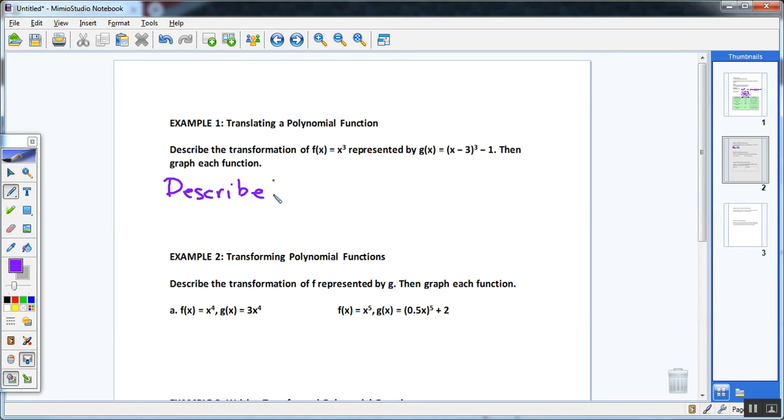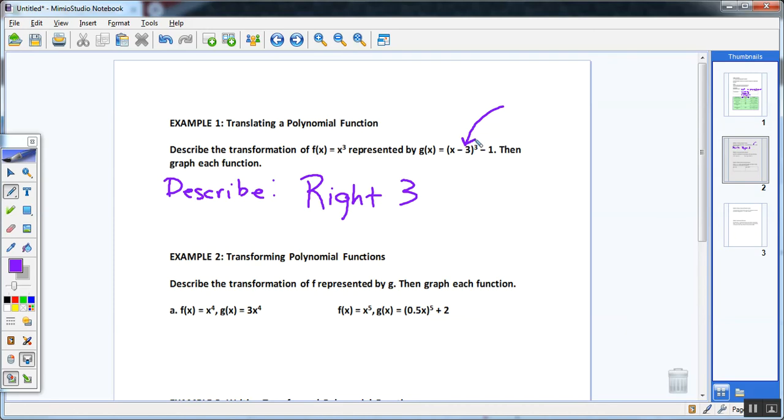Does anybody know the movements right here? What's one movement? How many units, Sterling? Going to move right 3. How do you know right 3 there, Sterling? Because the minus 3 is in parentheses. Yep, the minus 3 is in parentheses right here. That's simply going to indicate you're moving that original function right 3 units.